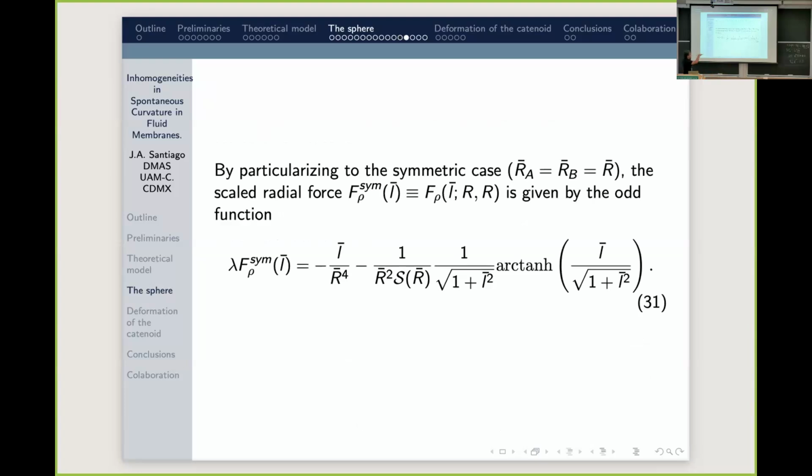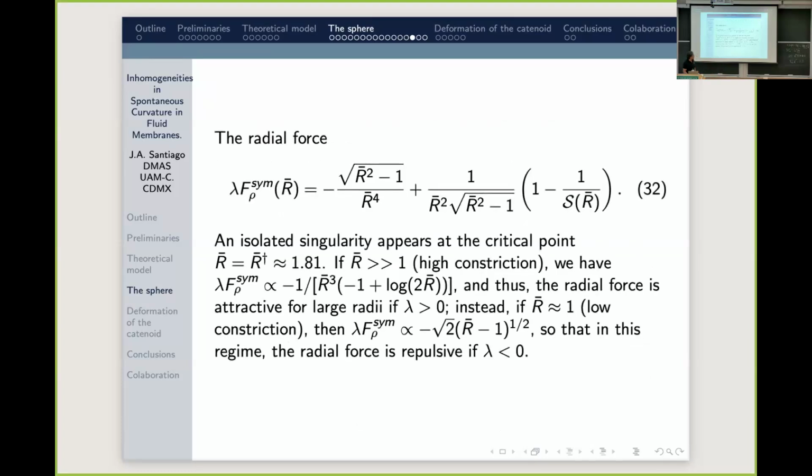Of course, we have the radial force in this way. Which, in terms of the radius of the catenoid, we have this behavior, right?